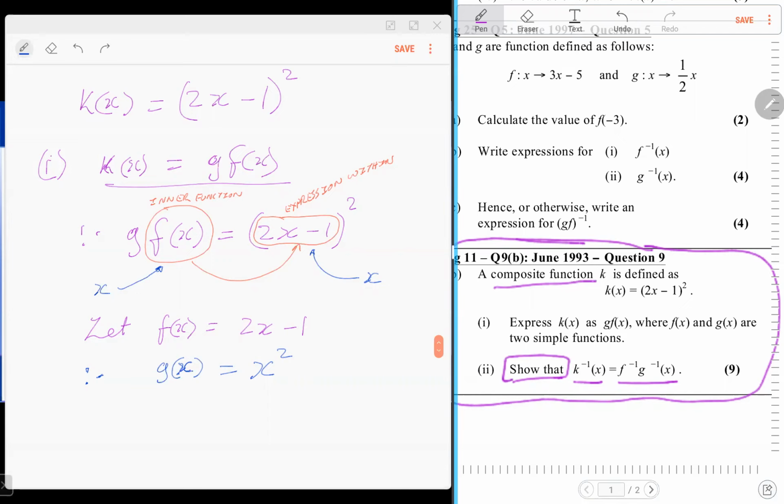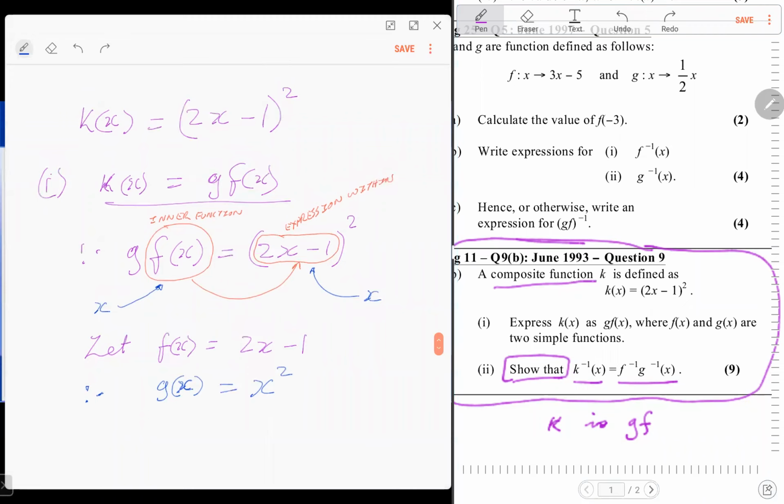Now remember that k really is the same as g of f. K is g of f. So when I have k to the minus 1 here, it's the same as saying g of f to the minus 1. The k and the g of f are the same thing.